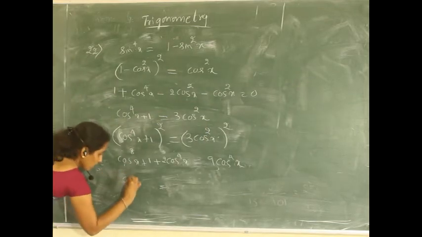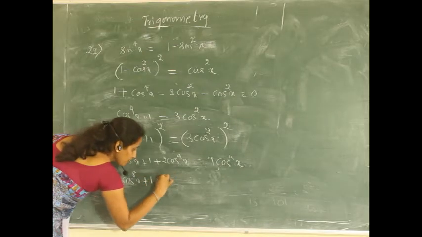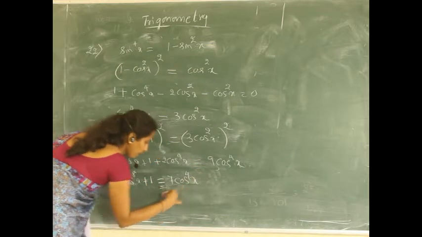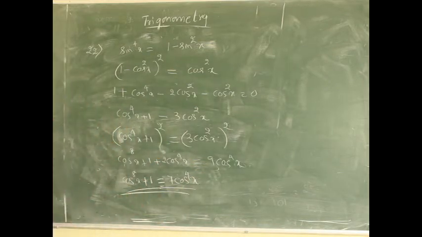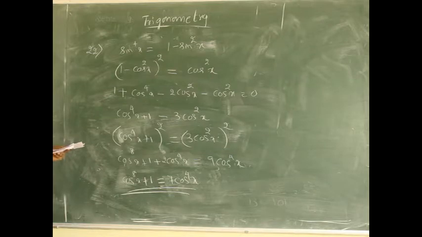So cos power 8x plus 1 is equal to 7 cos power 4x. That is there in option D, 7 cos power 4x. So for the 22nd question, the answer is option D.